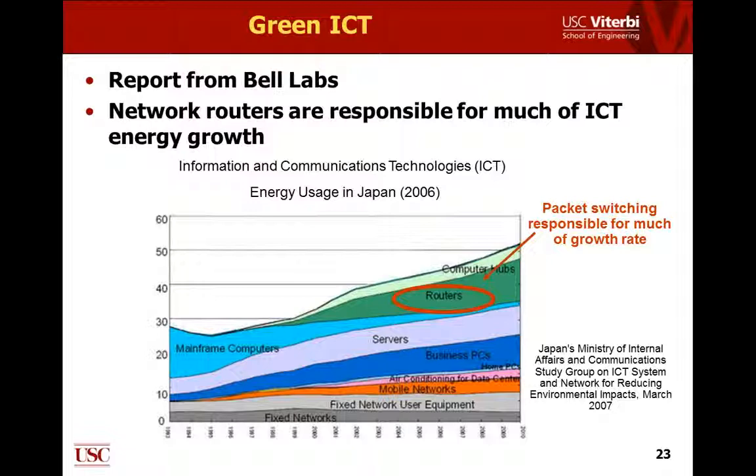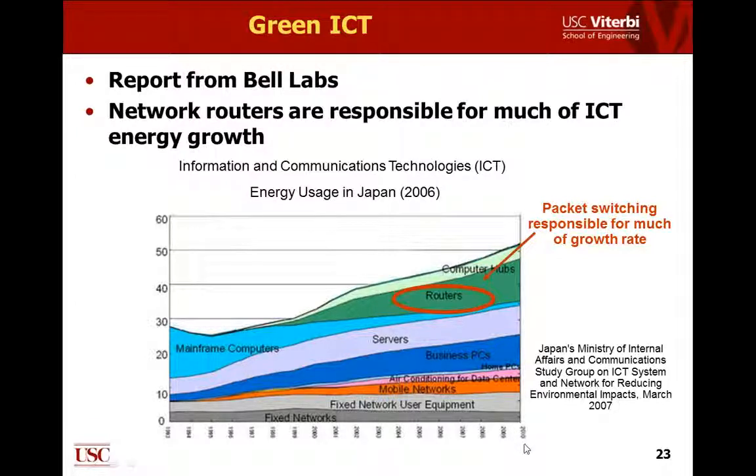I'm showing this interesting diagram here, which is from one of the reports produced by Bell Labs, looking at the impact of the internet backbone on the overall power dissipation in the context of information and communication technology, ICT infrastructure. The horizontal axis here is the time axis, and this date here is 2009.